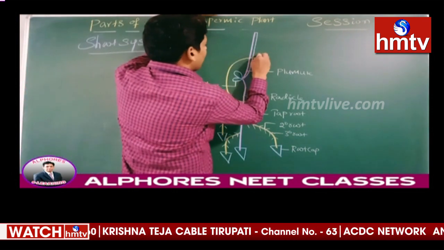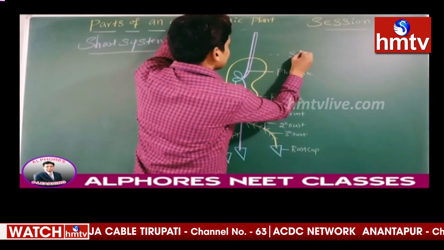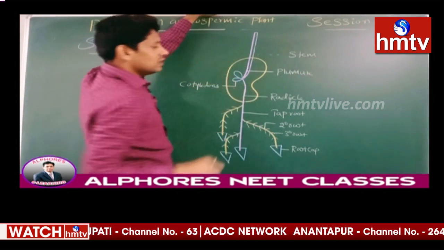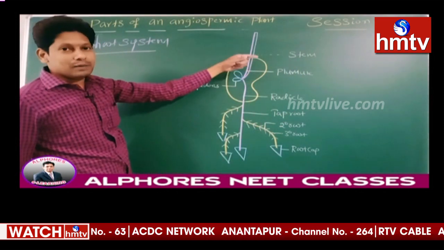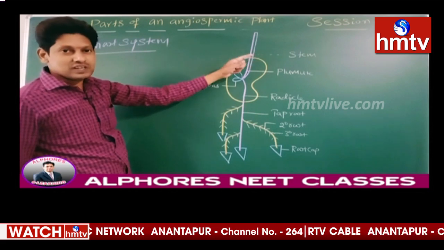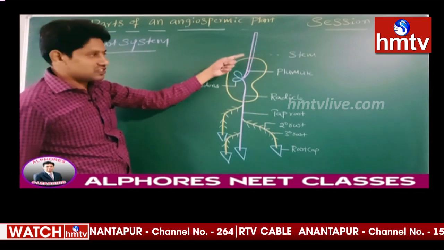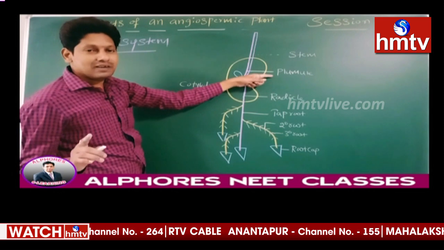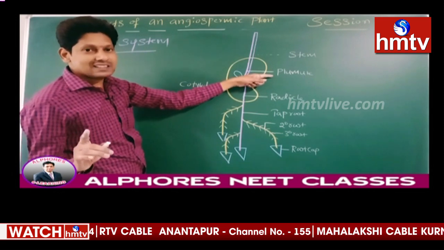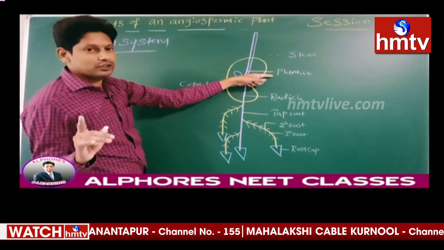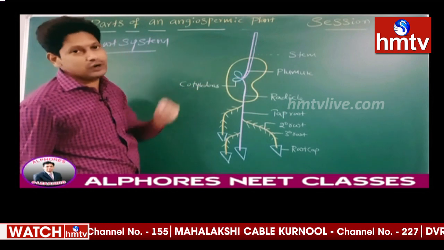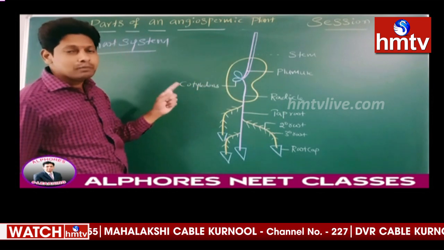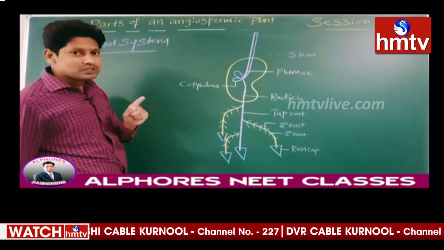Therefore, the shoot system is developed from the plumule. The taproot system is developed from the radicle.